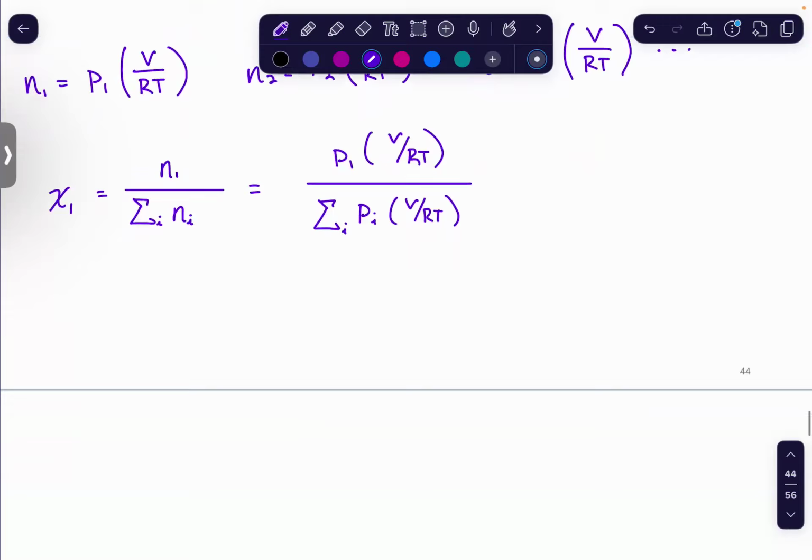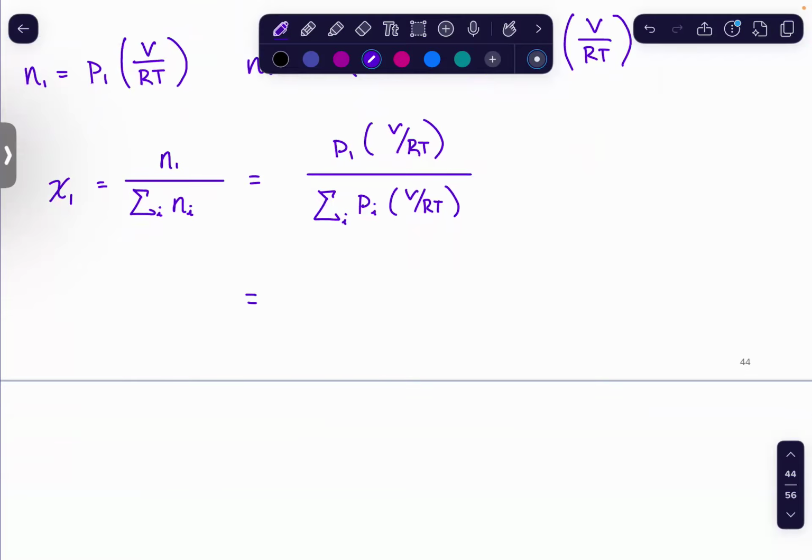Okay. I can expand this into, now if you know your summations, you can cancel out now, but I don't know how many of you have worked with those. So we're going to go ahead and expand things.